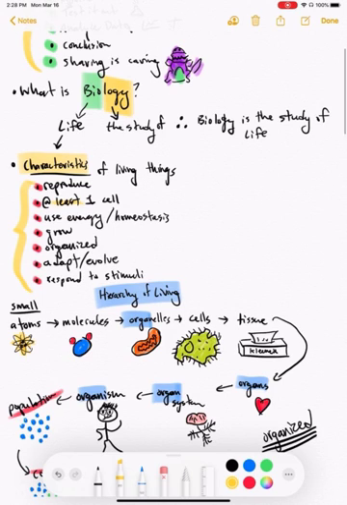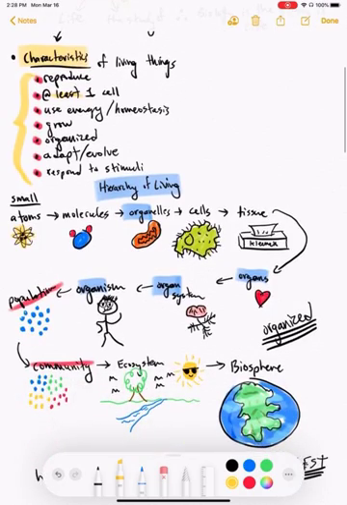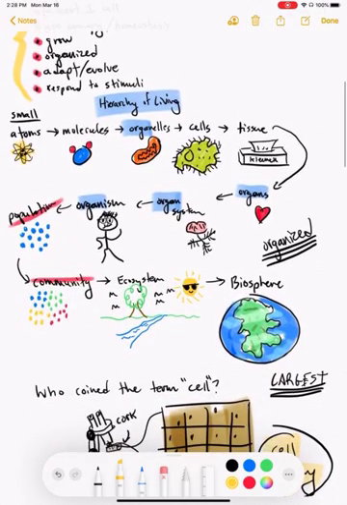Then we get into the hierarchy of living things. So going from the smallest little thing all the way to the biggest that we're going to look at. We're going to see things from teeny tiny things like atoms and molecules all the way to the biosphere. So they get increasingly larger and larger. And again, we want to focus on changes. Population and community.